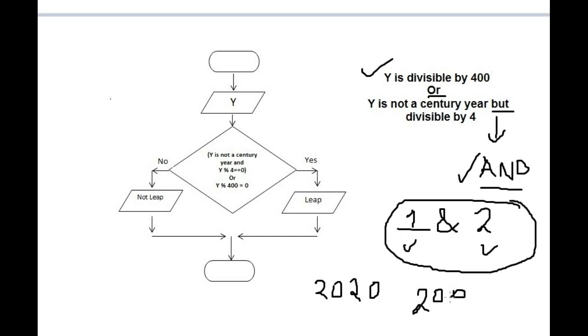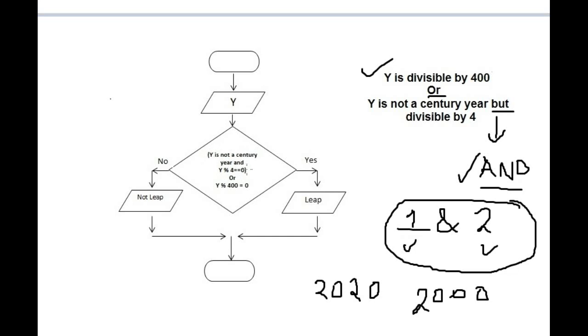Now in a similar fashion, if I consider the year 2000, now what is going to happen in this case? In the flow chart we will see, is it a non-century year? No. So if it is not a non-century year, even if it is divisible by 4, will this be true? No. Because "and" is used for joining these two conditions. Now in that case, both need to be true. Now what will happen in the next case?